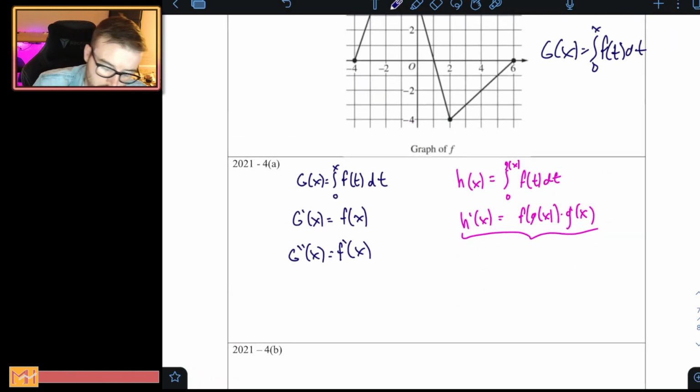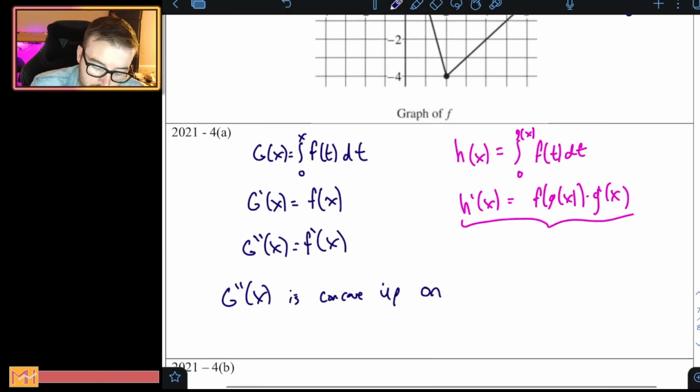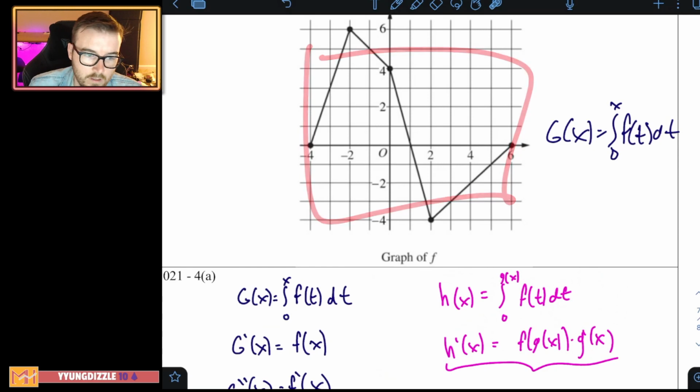So g of x is concave up on what intervals? Well, whenever the first derivative of f is positive. If this is the graph of f, the first derivative is positive wherever this graph is increasing.